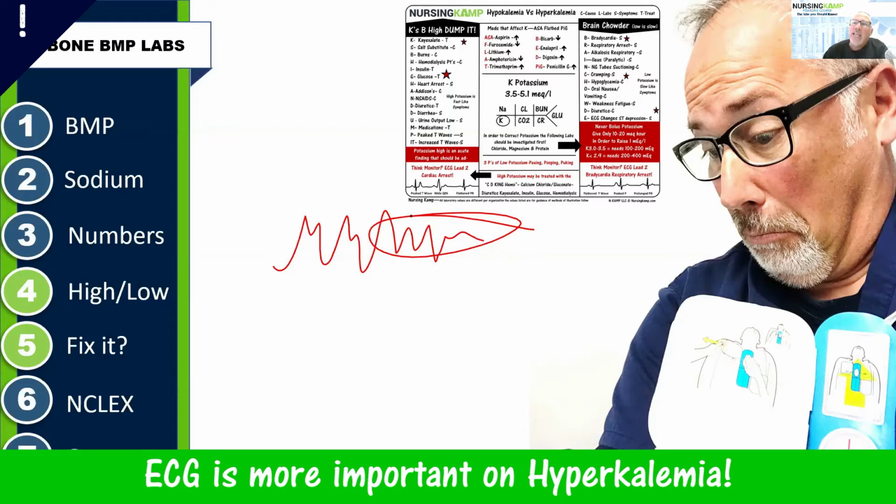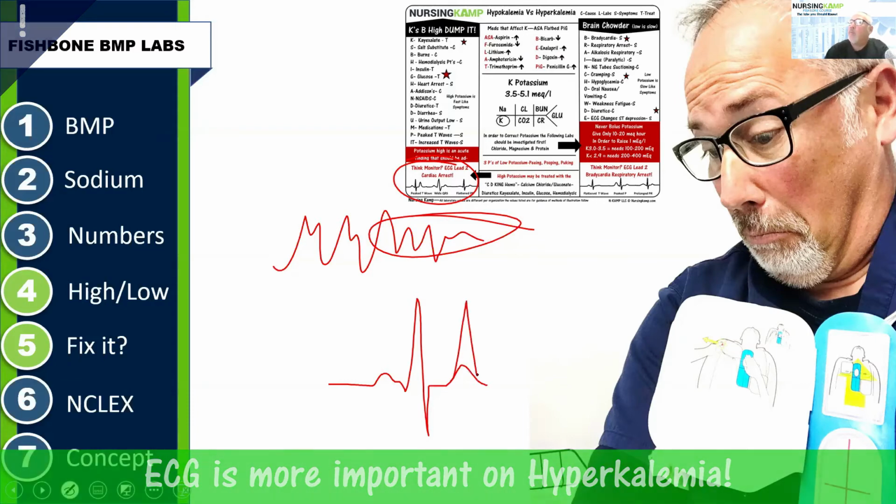But what's the key to recognizing it before it happens? Well, you have three different aspects. The first thing is your peaked T wave, right? So PQRST, that T wave is going to be peaked.